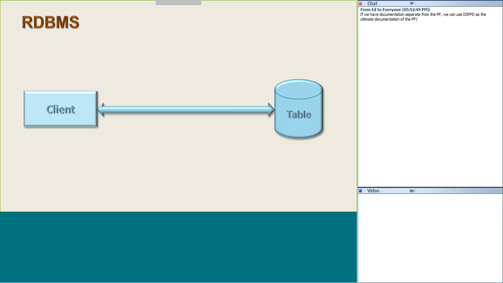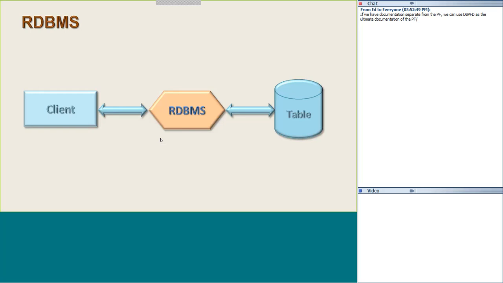And if any of you had a mistaken idea that our client process could directly access a data table, let me remove that misconception straight away. There is no way any client can access a physical table on the IBM i directly. You have to go through the RDBMS, the Relational Database Management System.